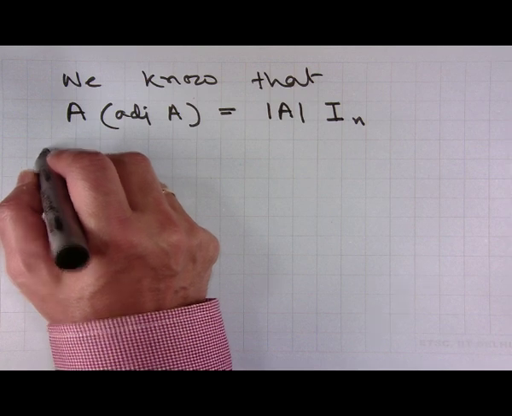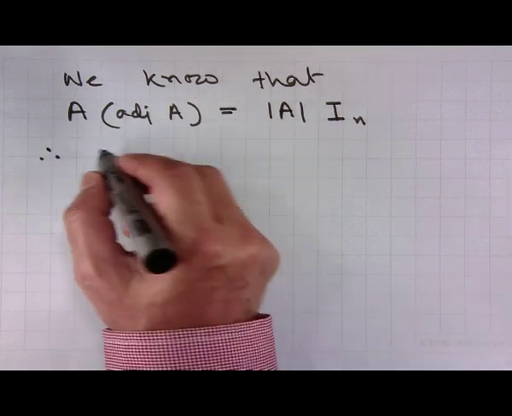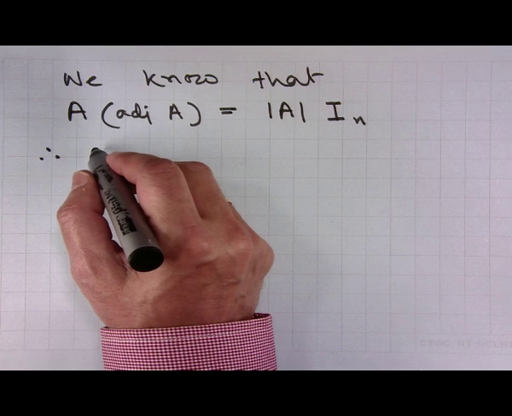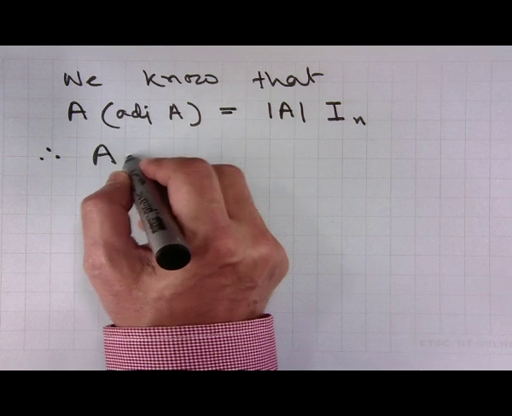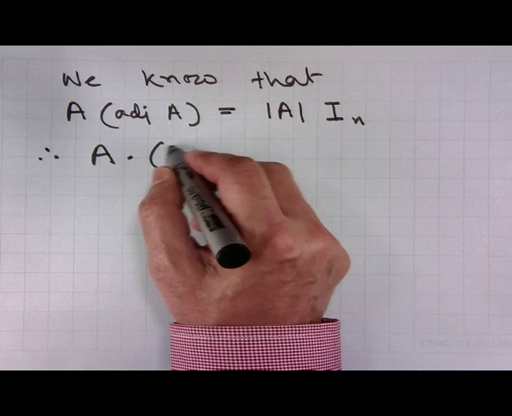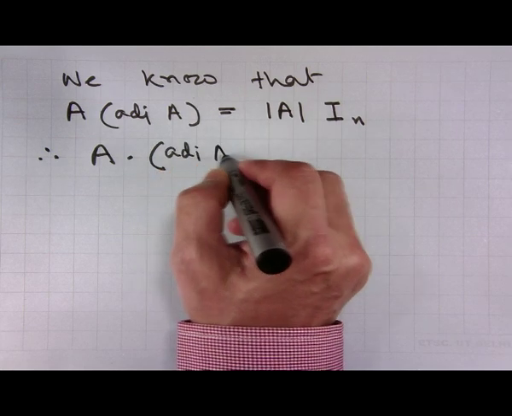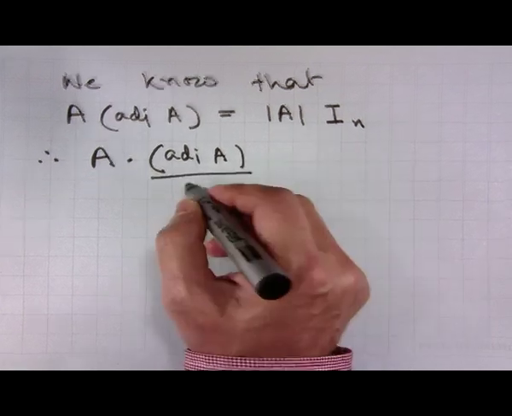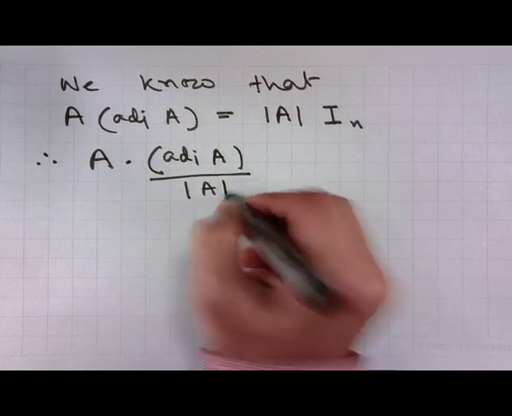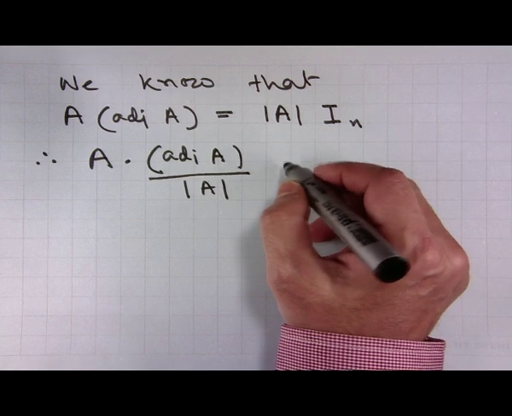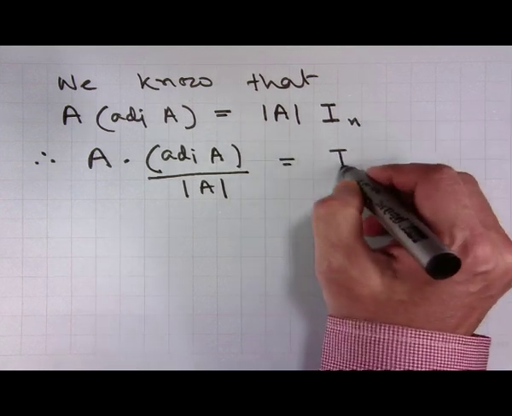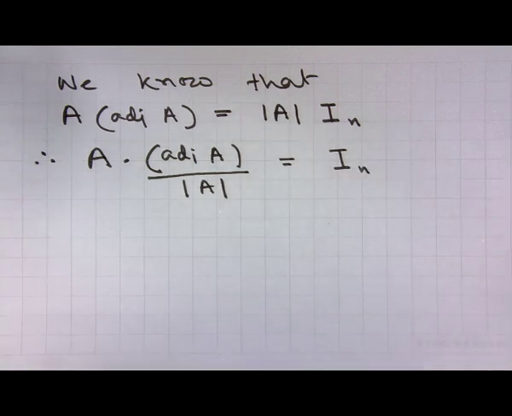Therefore, A into adjoint of A divided by determinant of A is equal to the identity matrix.